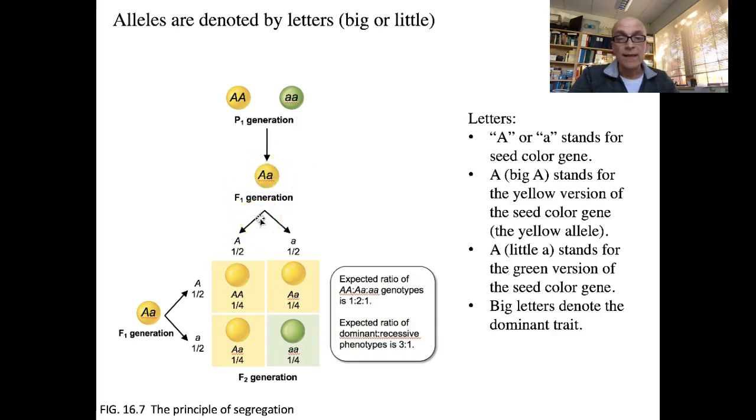So if you understand that meiosis produces haploid cells, not diploid, not both copies, just one copy, one version or the other, then you understand how they can then segregate in the next generation and combine in various ways. So the big A here with the little a here, or the little a here with the little a here. We'll come back to that, of course.